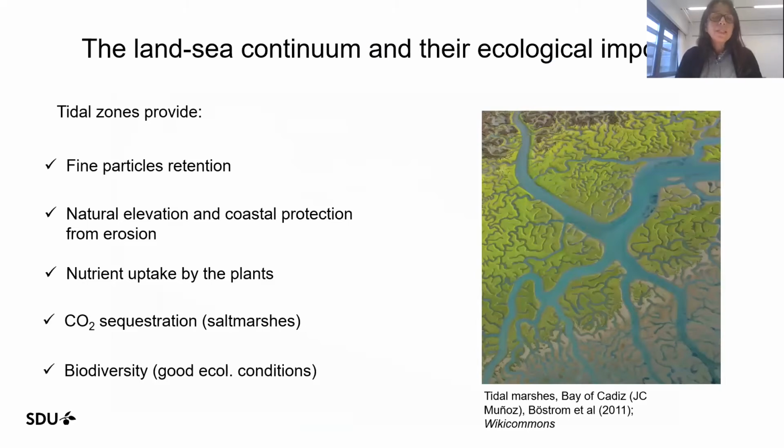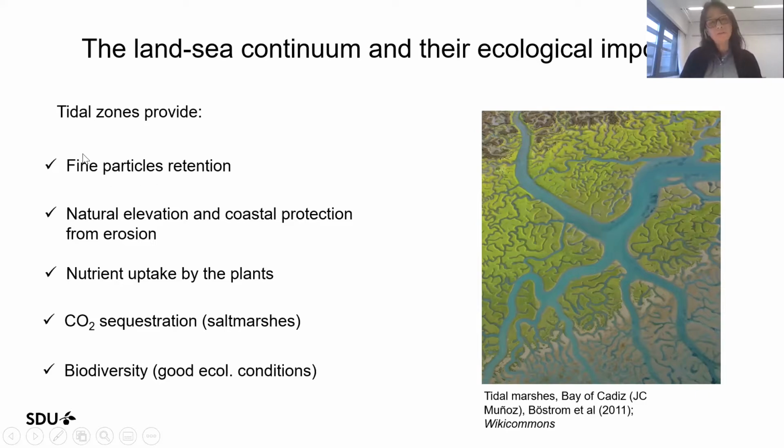And then I want to talk about the importance of these zones. Again, there is a continuum from land to sea when we think about the rivers and the estuaries. So there are important connections between the land and the coast, and everything that happens on land will influence the coast in some way or another. And when you think about the tidal zones, they provide a lot of ecosystem services.